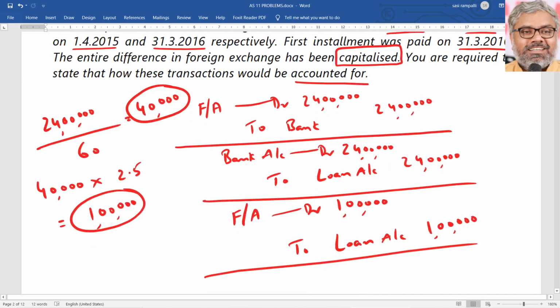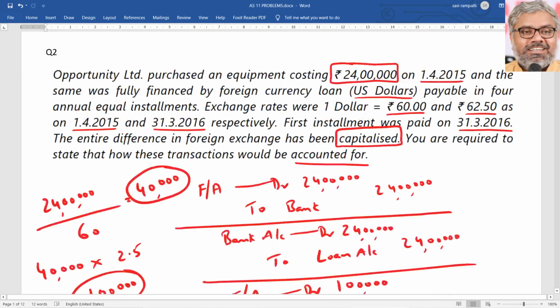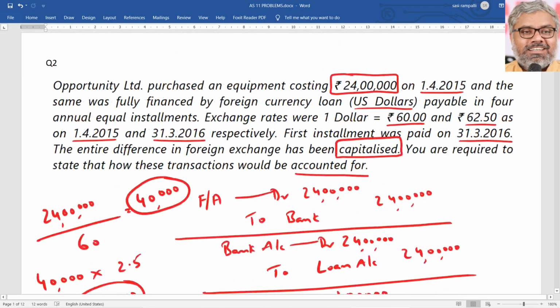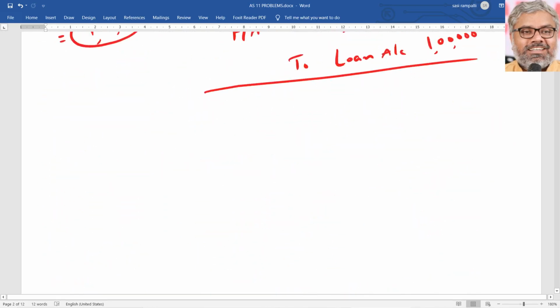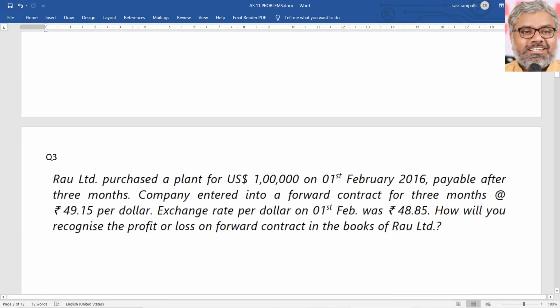That 25 lakhs definitely has to be credited to the loan account. There is no doubt in that. Nobody has any question in that. The question is about the debit, where? Debit has three choices: P&L account, or fixed asset account, or FCMITD account. Since the organization has chosen to capitalize it, we have debited the fixed asset account. That's it. That is the application of various provisions of Accounting Standard 11 for accounting purposes.